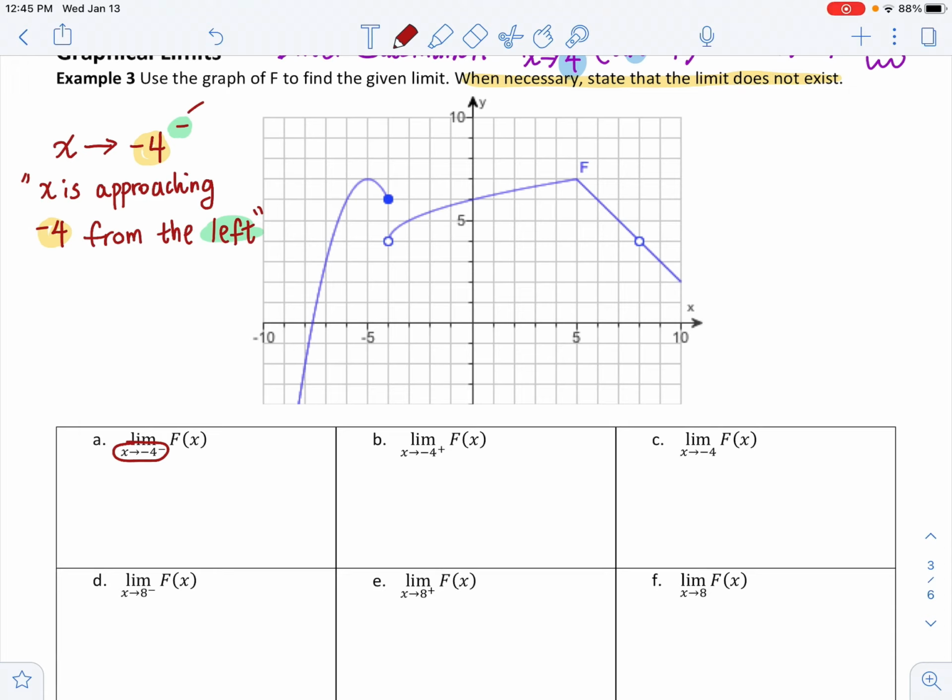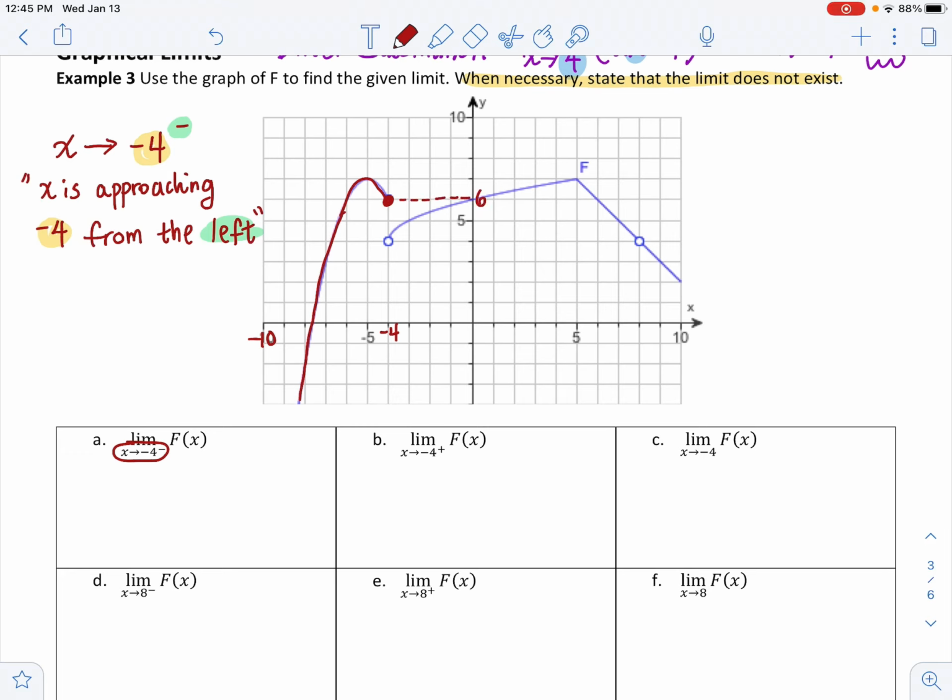So let's take a look at the first one in the picture. Let's try to start from somewhere on the left of -4, like somewhere in -10-ish, and try to go to -4. I'm following the graph. By the way, -4 is right here. So if I'm trying to go to -4 from the left side of -4, what number is it trying to approach?